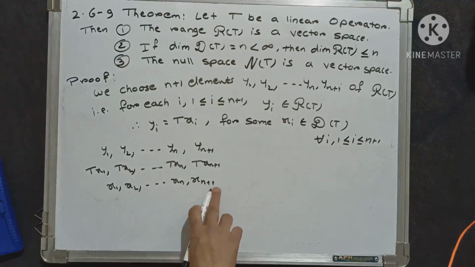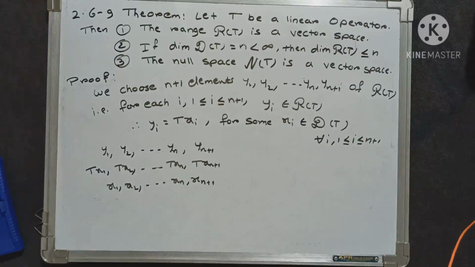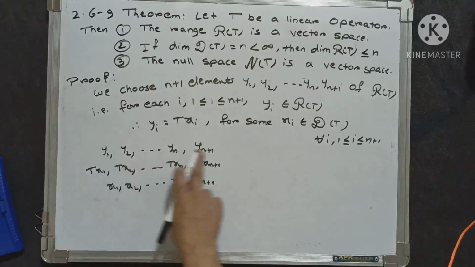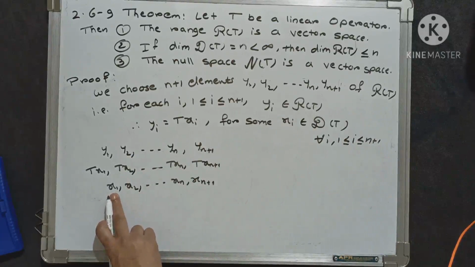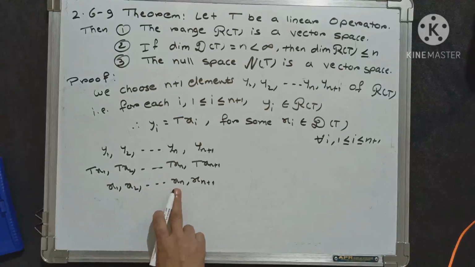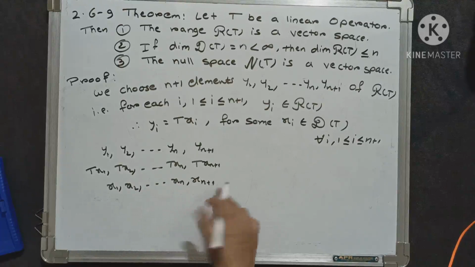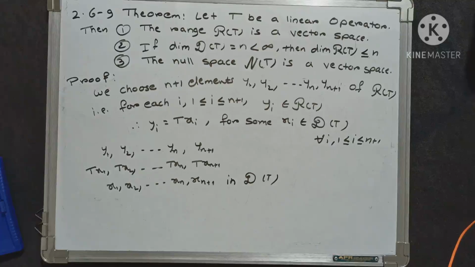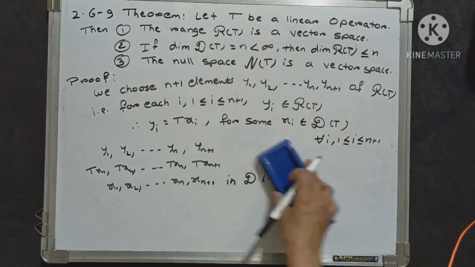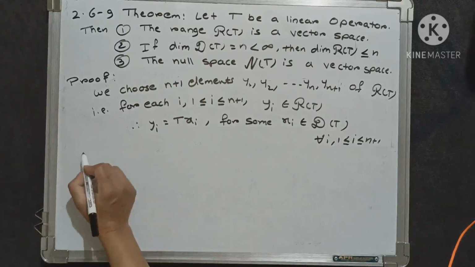These are all elements of the domain script D of T, so from these n plus 1 elements of the range set we get the elements x1, x2, up to xn, xn plus 1 in DT.